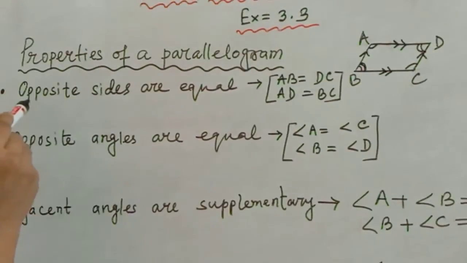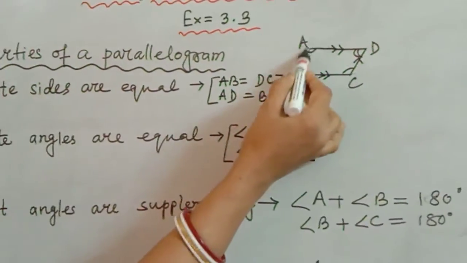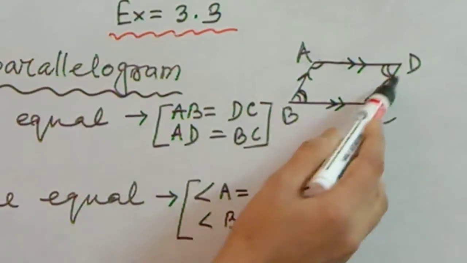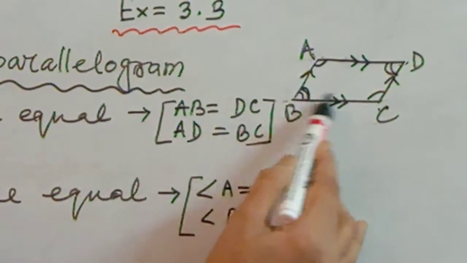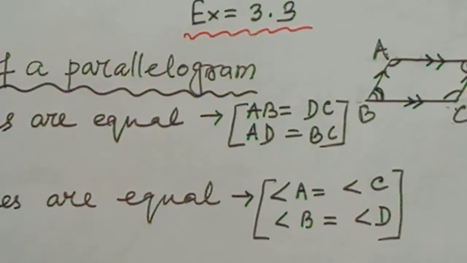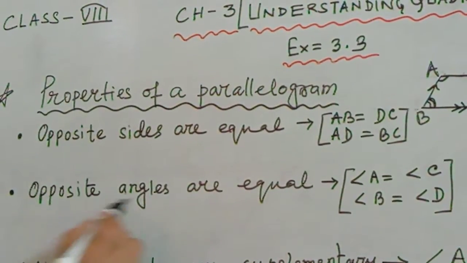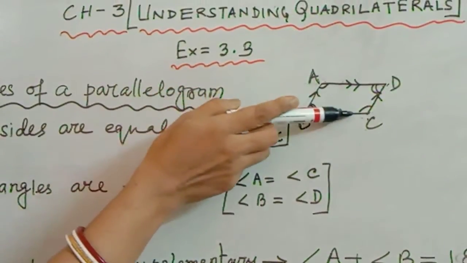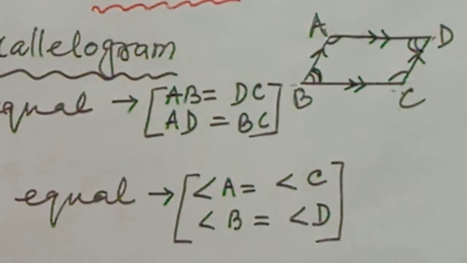As ABCD is a parallelogram, AB is equal to DC and AD is equal to BC. So opposite sides of a parallelogram are equal. Second point, opposite angles are also equal. So angle A is equal to angle C and angle B is equal to angle D.